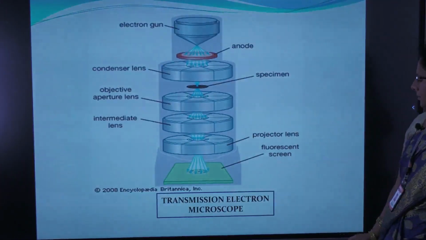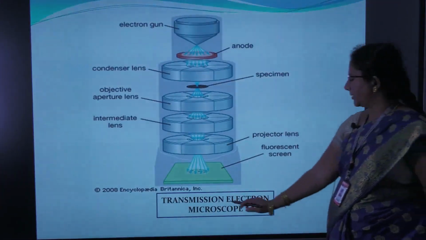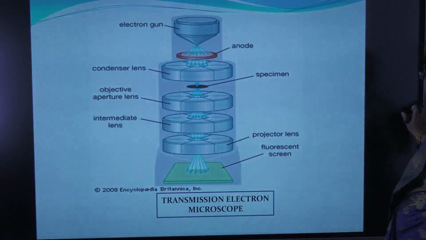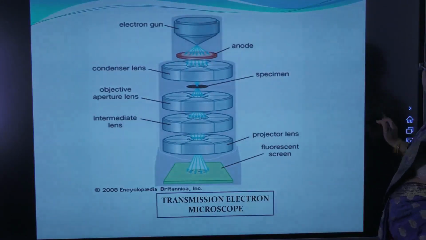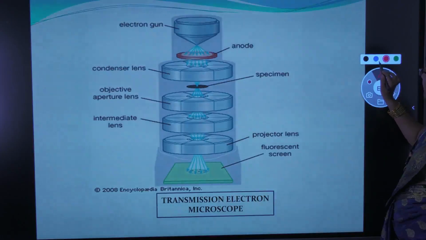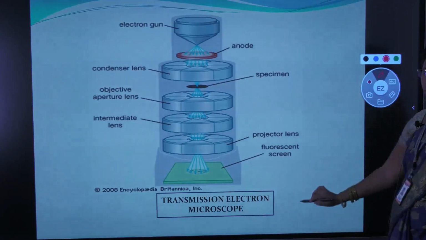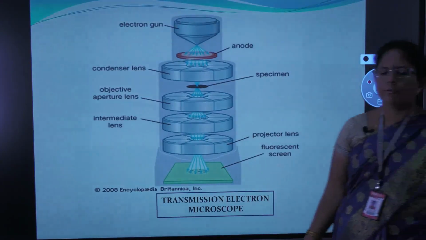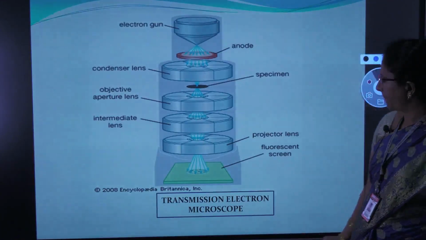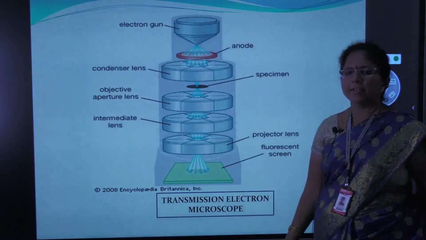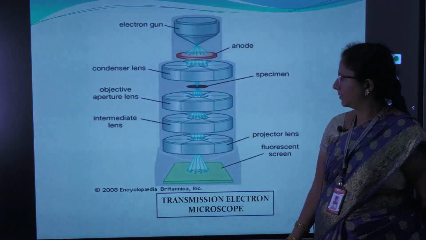Now the second method is transmission electron microscopy. As I already told you, this produces images by using the electrons that are transmitted through the specimen.